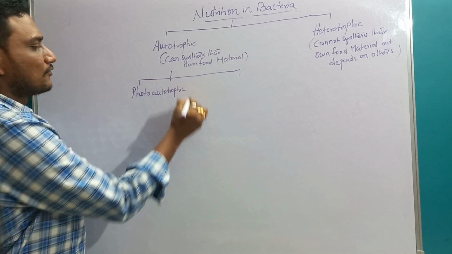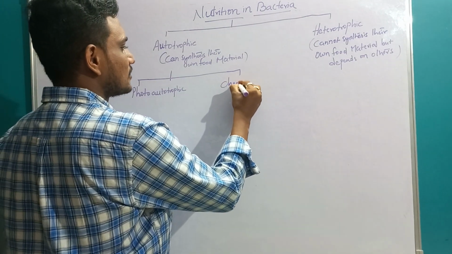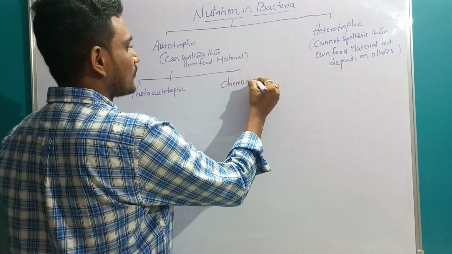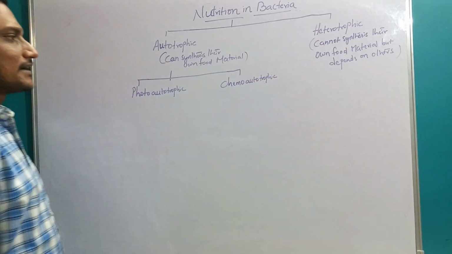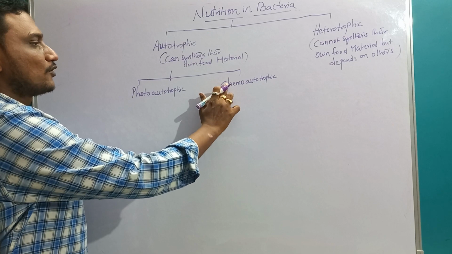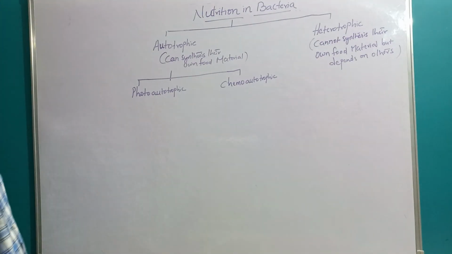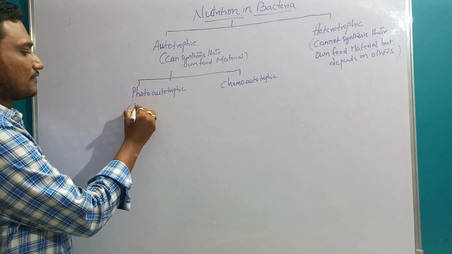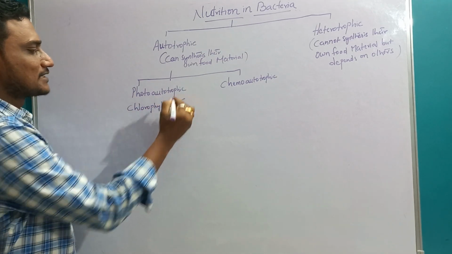One is photoautotrophic, another one is chemoautotrophic. Photoautotrophic means chlorophyll is present.